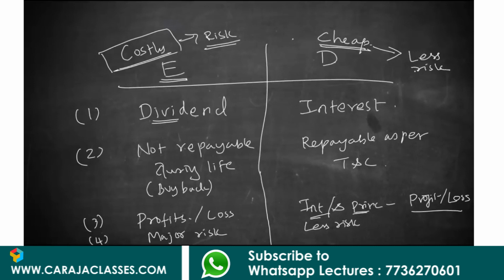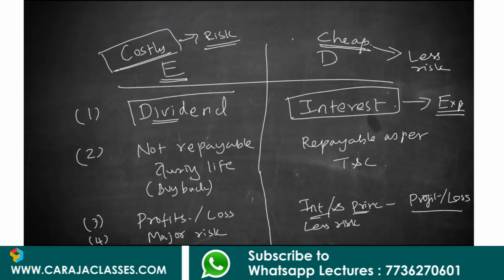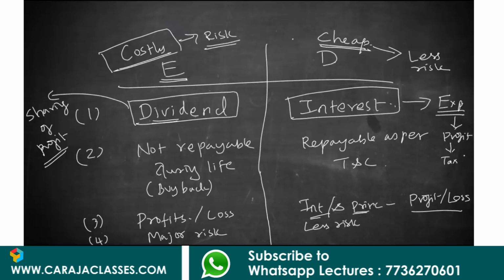And another point, the interest which you pay for debt is considered as expense, whereas the dividend which you pay for equity is not an expense, but it is rather called as sharing of profit. But what is significance in this? There is a significance because if you pay interest, it is considered as expense, it will reduce your profit, and in turn it will reduce your tax.